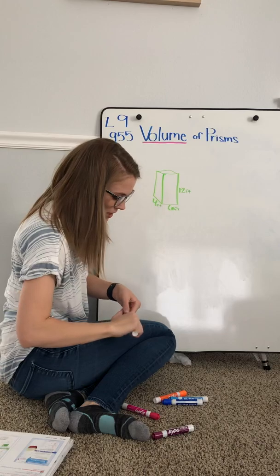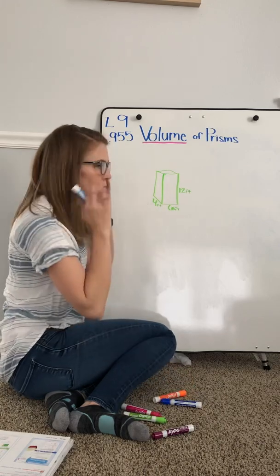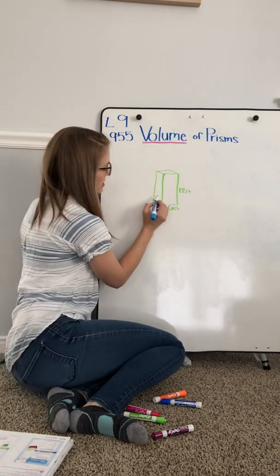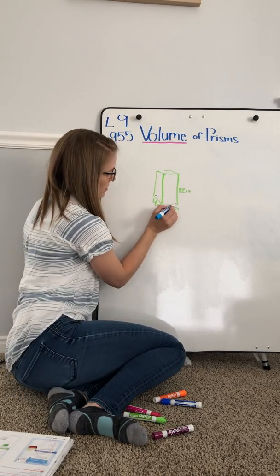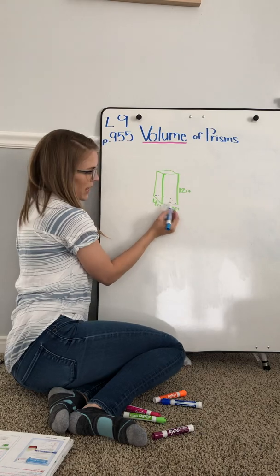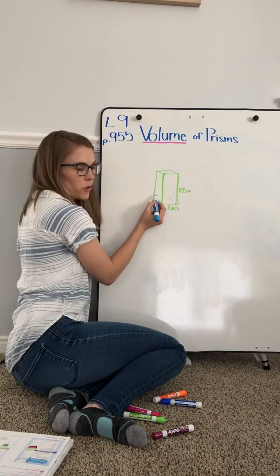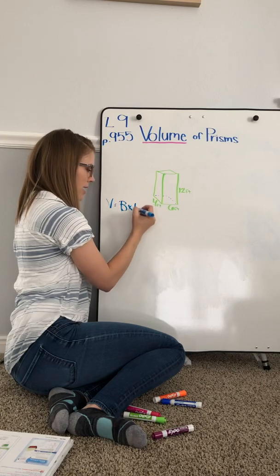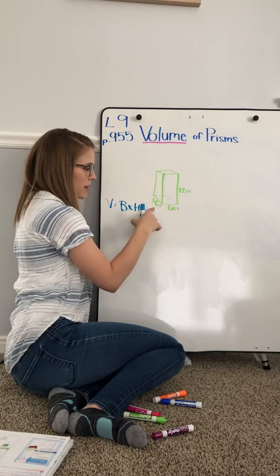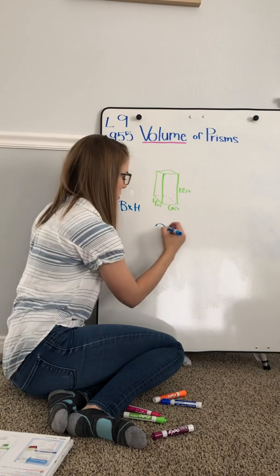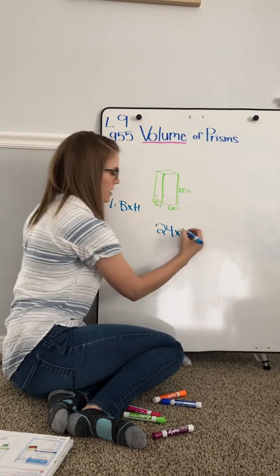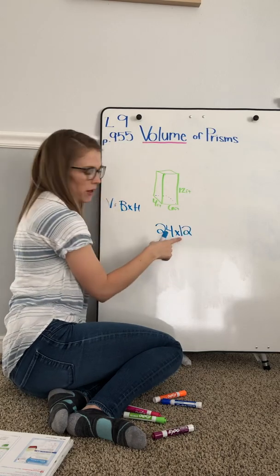On this one, I'm going to think about it as base times height. Remember, the base is this bottom part here, and I find it by doing 6 times 4. If volume is base times height, I know the base 6 by 4 in my head is 24. And then I'm going to multiply by the height, which is 12.